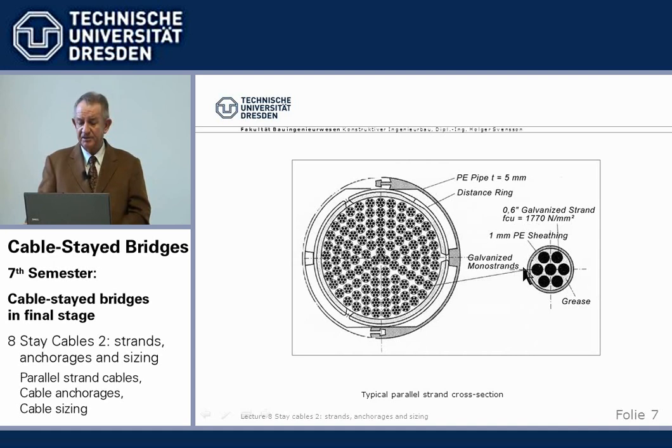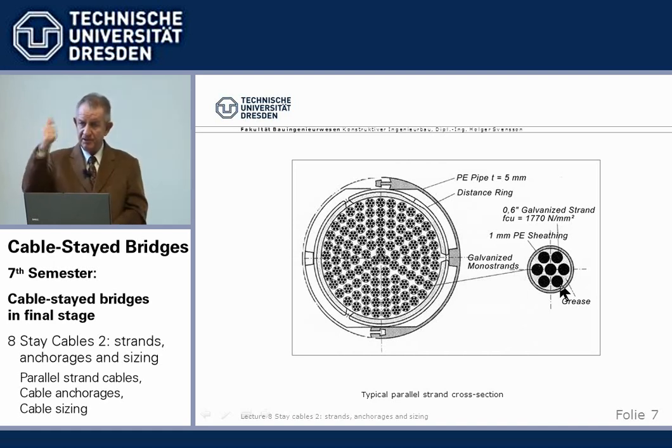And so these are the individual strands, and the wires are galvanized. The interstices are filled with what we call here grease, and then they are, again, development, I guess, surrounded by a directly extruded PE pipe. So every single so-called monostrand is a unit in itself with corrosion protection.